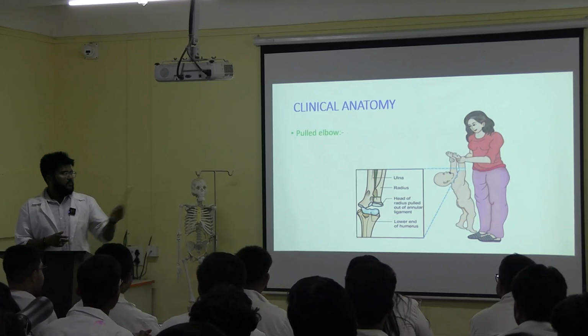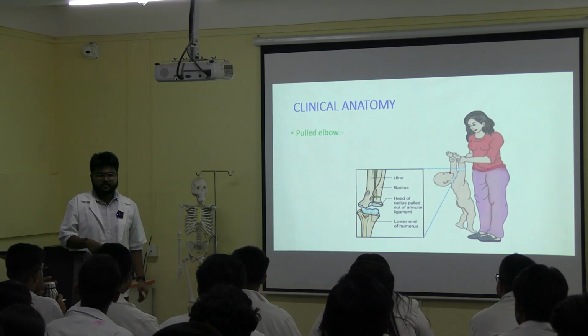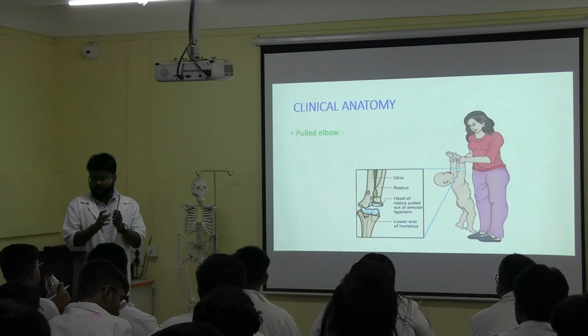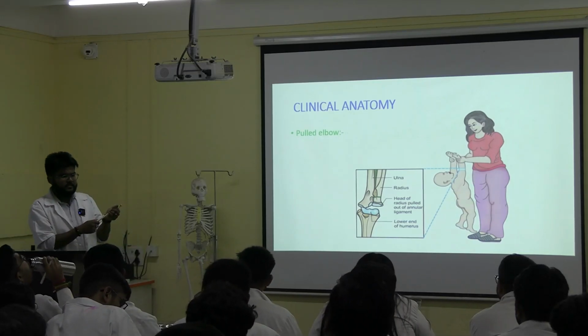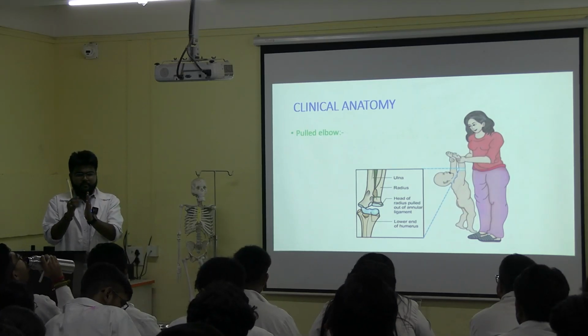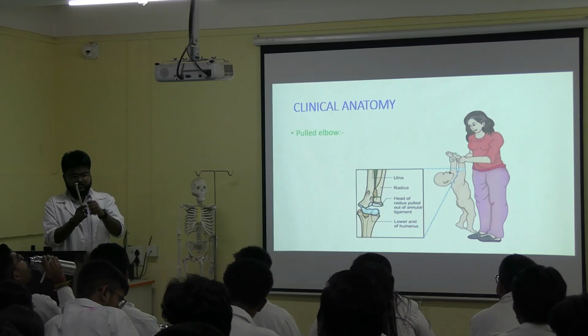So if a mother pulls the wrist, it easily slips out or dislocates, because this is tubular in shape.